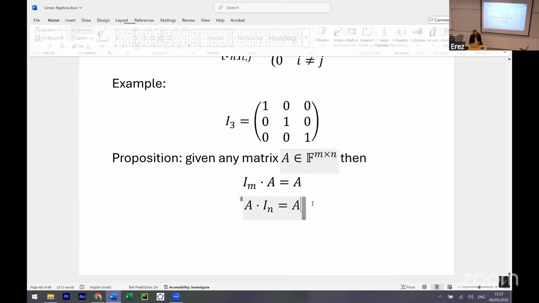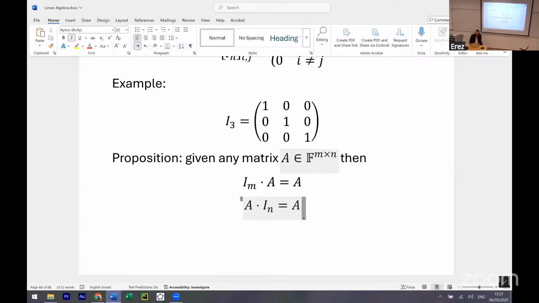So I'll prove some of that. Proof. And why am I saying some? I'll just prove one of them. The other one is obviously quite a symmetrical proof.